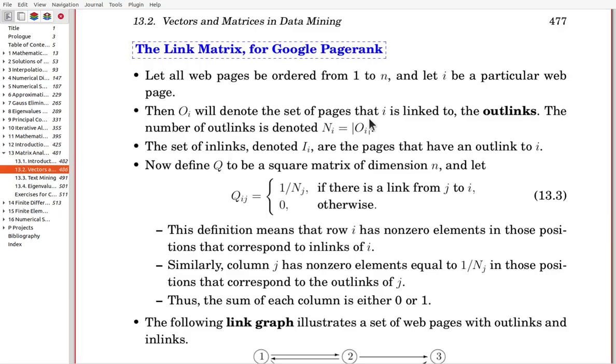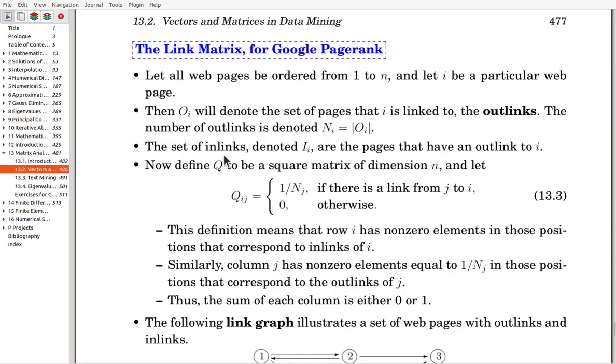If you click the link, then it will go to some other site. That kind of link is called an outlink. And the number of outlinks is denoted by n_i. So the ith web page has n_i outlinks.